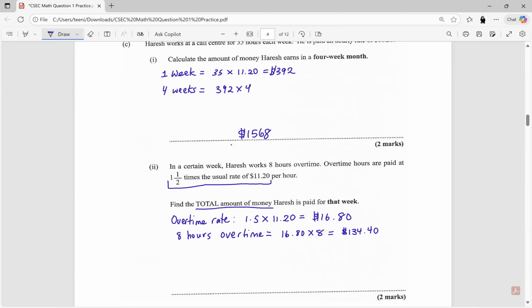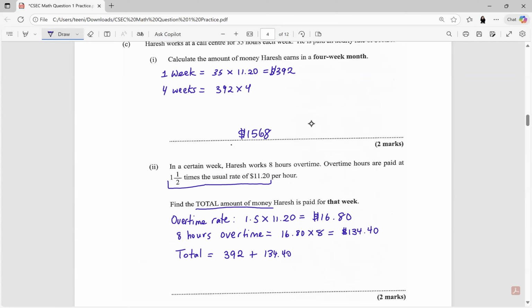So the total amount that he would receive is the regular amount, which is 392, right? That was 35 times 11.20, plus $134.40. How much is that? Isabel, how much is that? $1,702.40.